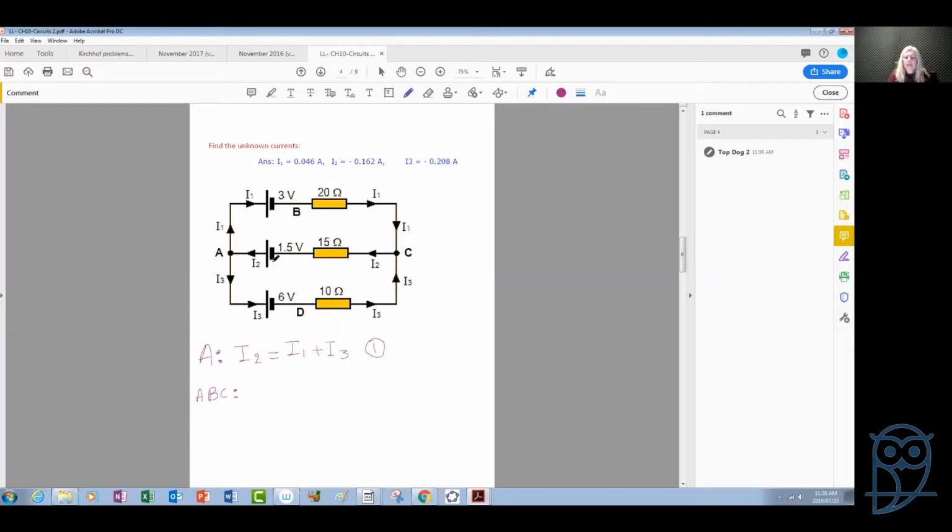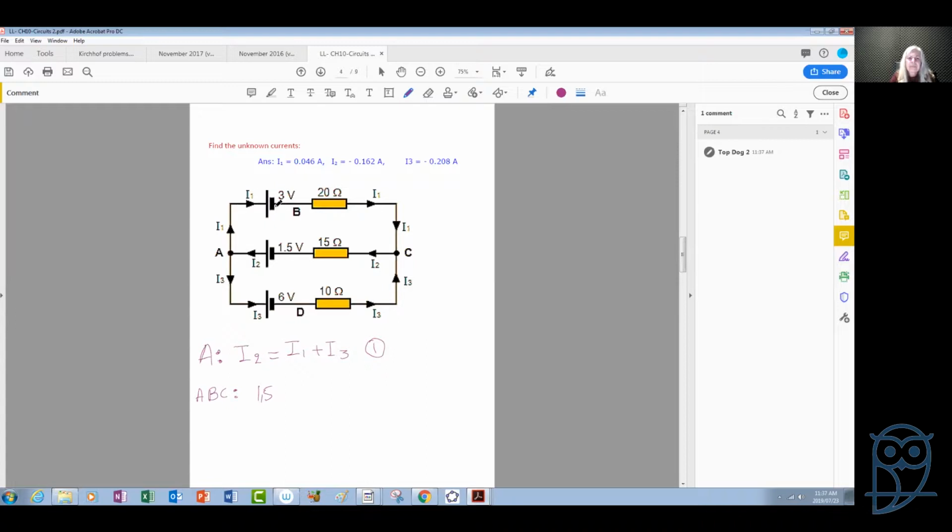It says that the sum of all the EMFs in a closed loop must equal the sum of all the potential differences. Let's start from the 1.5. I'm not going to write units, units are all SI. So if we start from the 1.5 EMF, let's follow this loop in this direction.